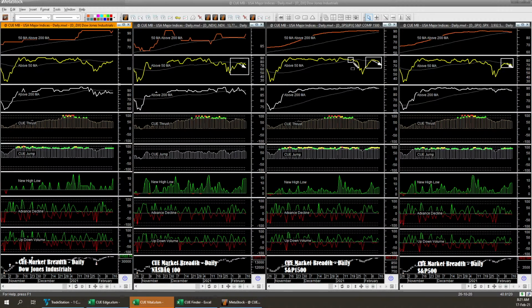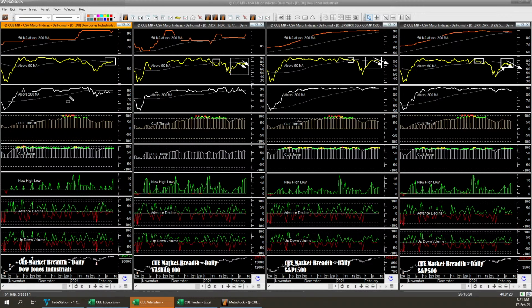When it first rolls over, we expect that these plots will try to recover, and if they cannot recover above the average line, or barely recover above the average line and roll over again, that shows that market is showing weakness. It is like creating lower high and lower low. This is an aggregate picture. Relatively speaking, as of yesterday's close, Dow Jones is slightly more bullish.